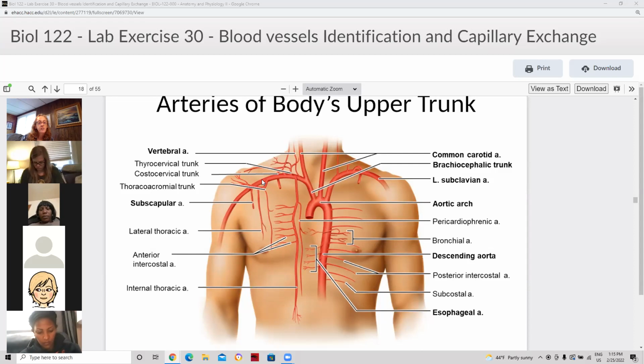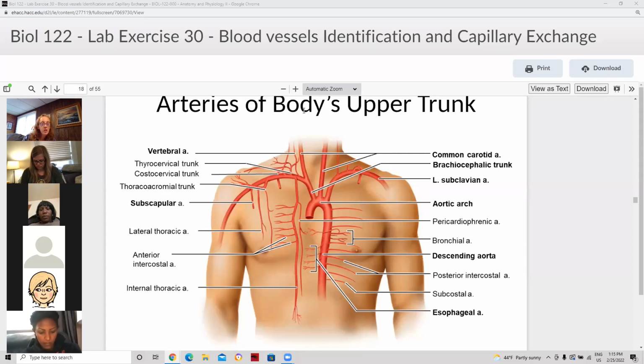One of the branches off the right subclavian is a subscapular artery, meaning it's moving behind the scapula. The vertebral artery, remember that's moving up through those transverse foramina in the cervical vertebrae up towards the brain.